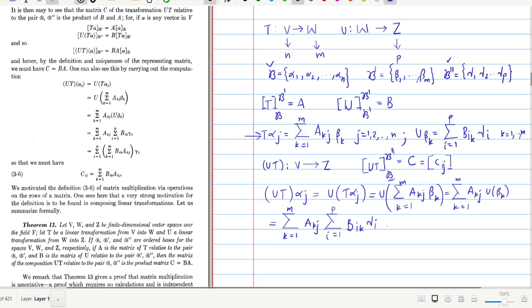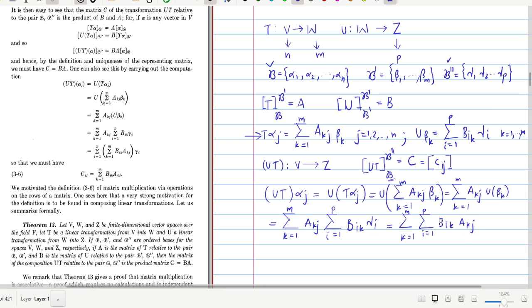Since a k j is independent of i, this can be written as summation k equal to 1 to m and summation i equal to 1 to p, with a k j taken inside, b i k a k j times gamma i. Now you can interchange the summations, since they contain only finitely many elements.